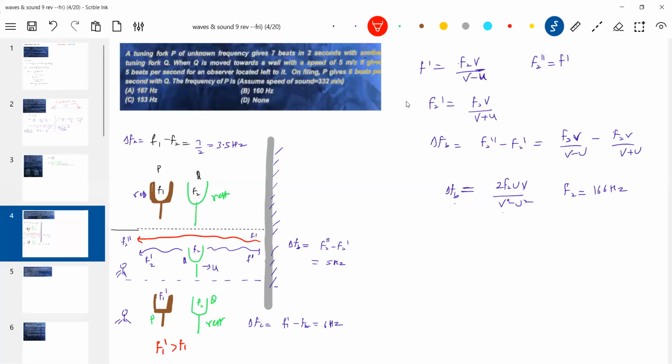So for the first equation, delta FA, shall we write F1 minus F2 or F2 minus F1? It should be F1 minus F2 only. F1 minus F2 is 3.5, and F2 value is 166.